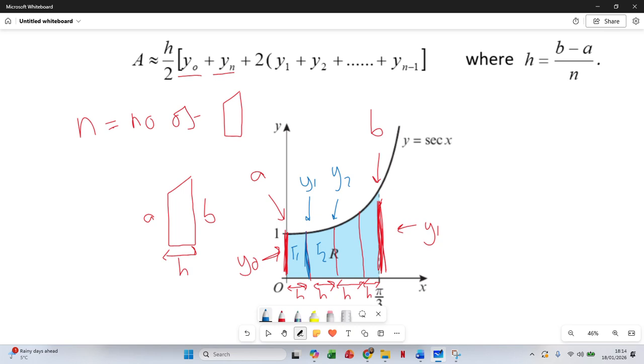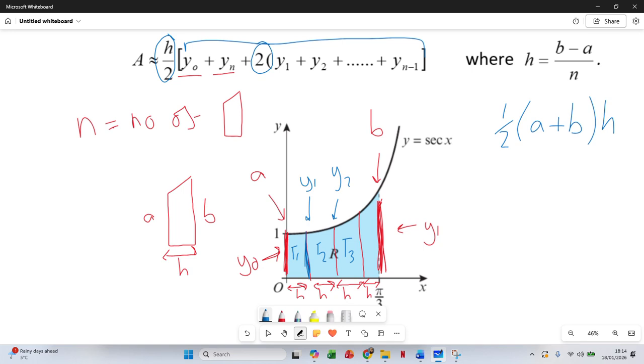Same as y2, it's part of trapezium 2 and trapezium 3, which is why they're all multiplied by 2. We're adding up a bunch of trapeziums, and the area of a basic trapezium is half (a plus b) h. So we've got the half h here, and then this is all the a plus b bit.